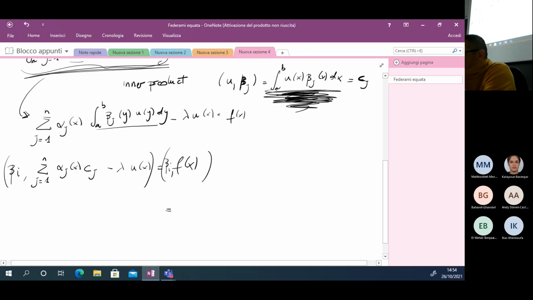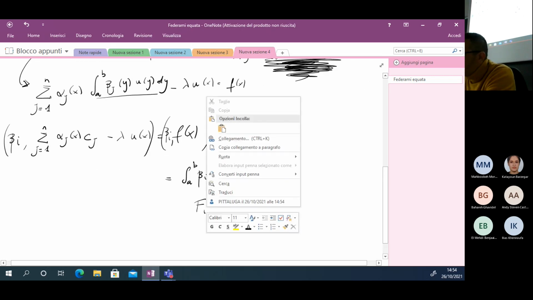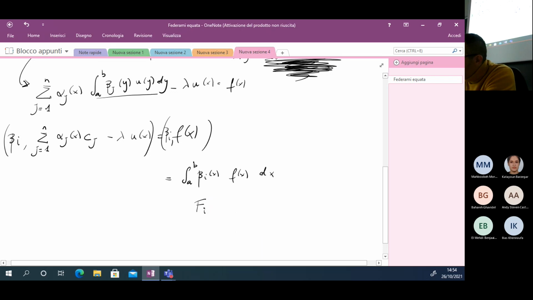So what does this mean? Let me take the right because it's easier. On the right, this is going to be the integral between a and b of beta i of x, f of x in dx. That's the expression of the inner product. Why am I doing this? Because these are numbers that I want to call capital F of i.